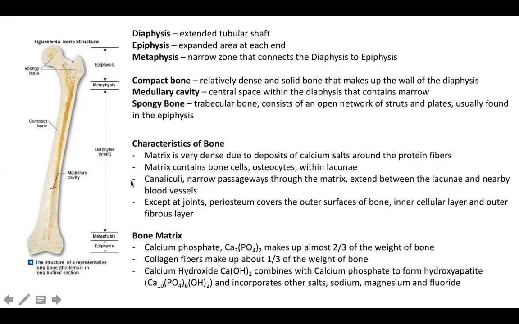Okay. So characteristics of bone, you have a bony matrix. It's dense due to the deposit of calcium salts and protein fibers. You have matrix that contains different bone cells. So we'll talk about the bone cells, which are called osteocytes, and they're in the lacuna. So we'll look specifically at the osteocytes, the osteoblasts, lacuna, the canaliculi, which are the narrow passageways.